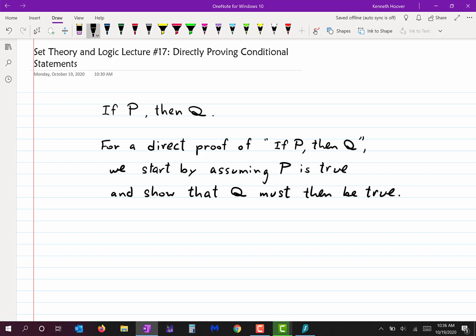All right, so let's prove this statement. If x is odd, then x squared is odd. Okay, let's just call this example 1.